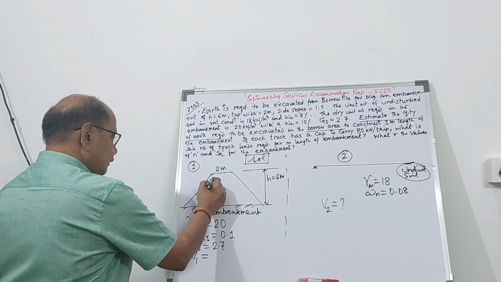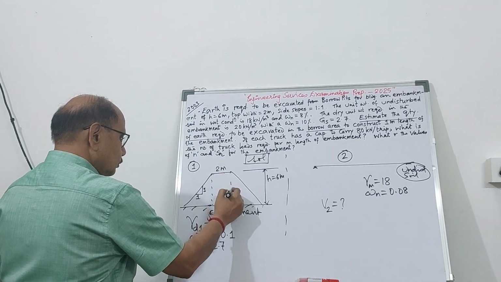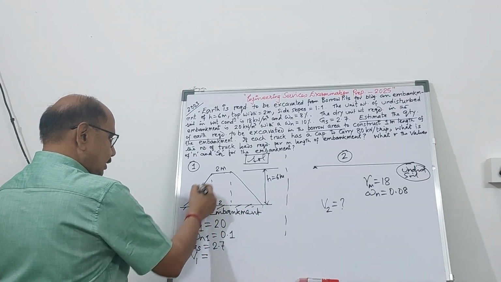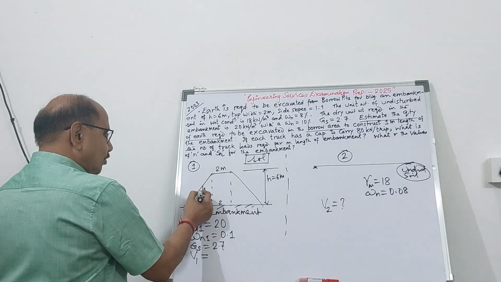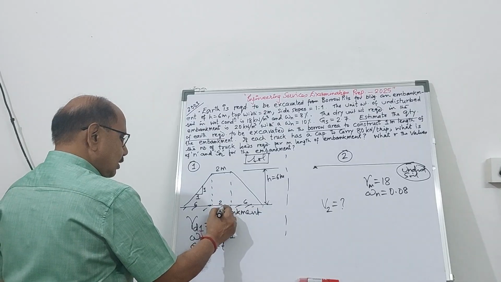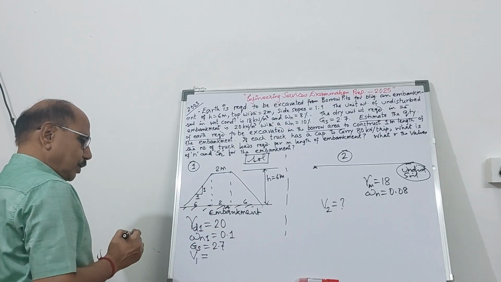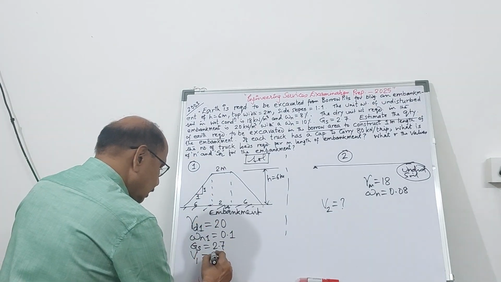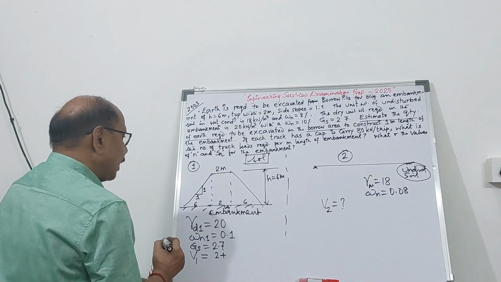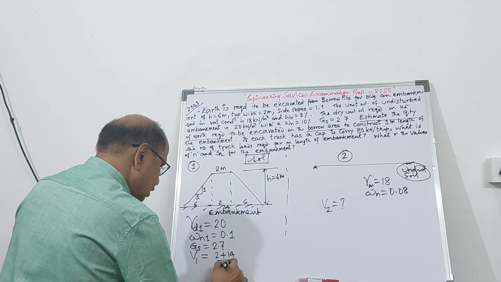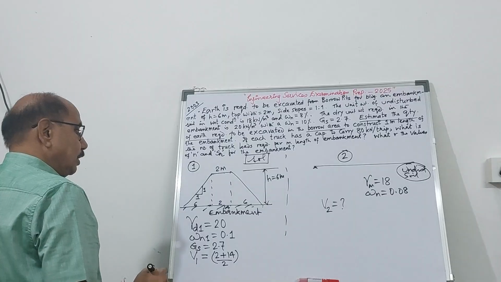Here it is 2 meter. So this becomes 2 meter, and the height is 6 meter, and the slope is one vertical, one horizontal. So this becomes 6 meter, and this side also it becomes 6 meter. So bottom total it becomes 14 meter. So the area will be 2 plus 14, you take the average divided by 2, right?